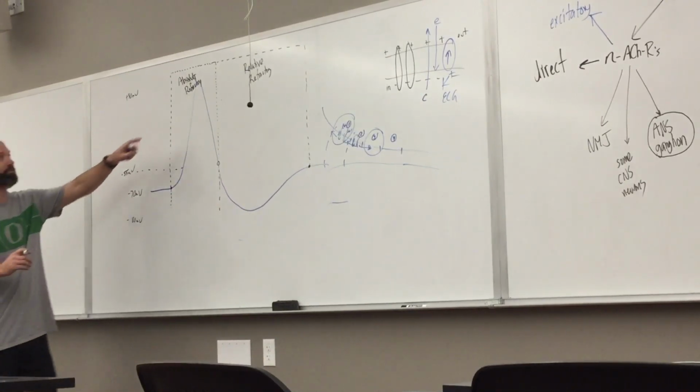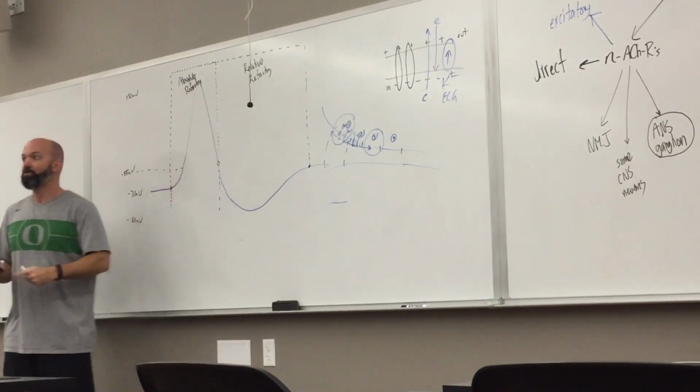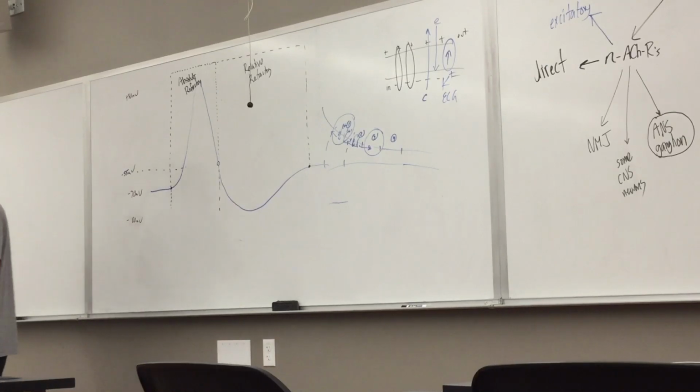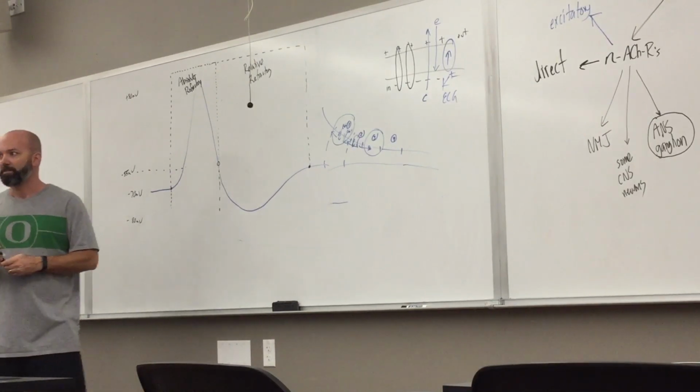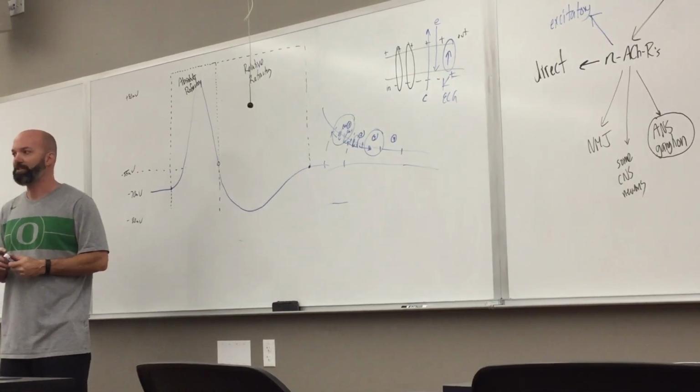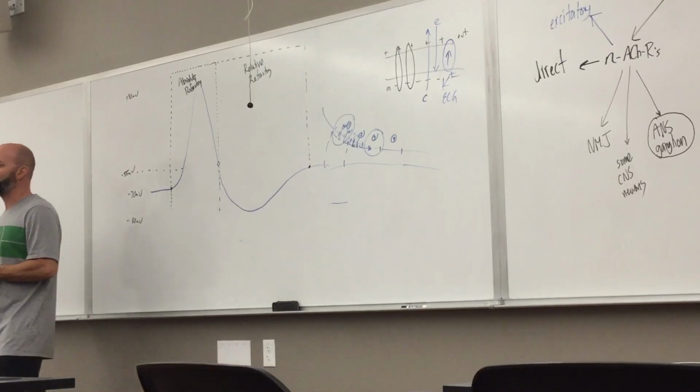Now, once that's over and we close the channels, sodium influx, the open voltage-gated sodium channels, is no longer the reason for absolute refractory. Now, it's a different reason. Why is it we still can't generate an action potential no matter how strong the stimulus? Yeah, not enough voltage-gated sodium channels have reset.